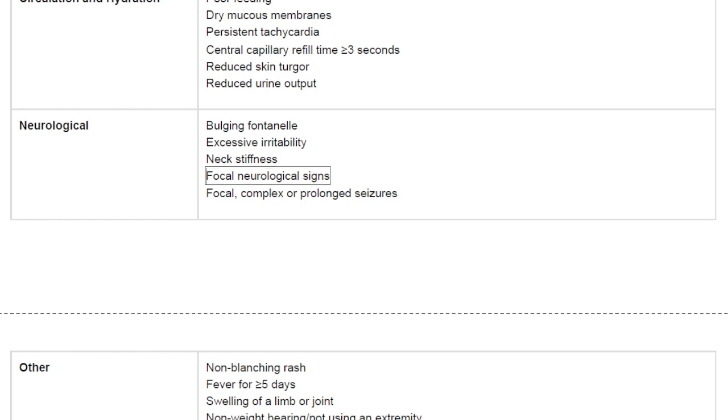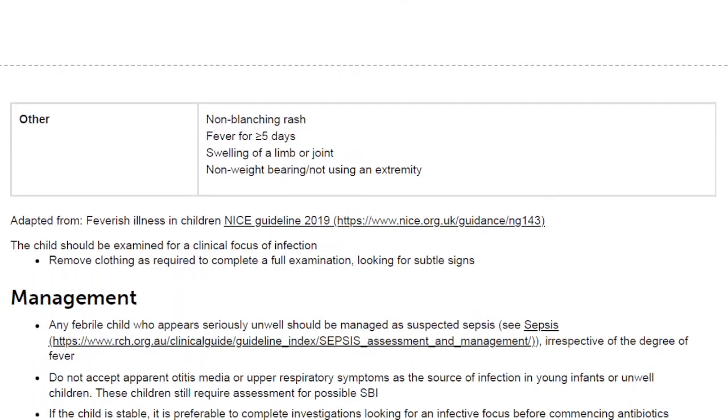Focal neurological signs: focal, complex, or prolonged seizures. Other: non-blanching rash, fever for greater than or equal to 5 days, swelling of a limb or joint, non-weight-bearing or not using an extremity. Adapted from Feverish Illness in Children.